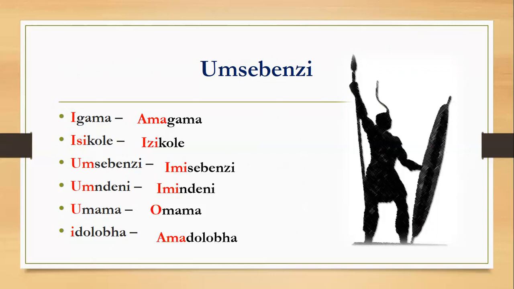If the word starts with IN, then the plural is izin. If it's IM, it's izim, like imoto, izimoto. Ibola, amabola. So if it's I and then a different consonant like B, C, whatever consonant it might be, except for M and N, then you are safe to write the plural noun prefix as ama.